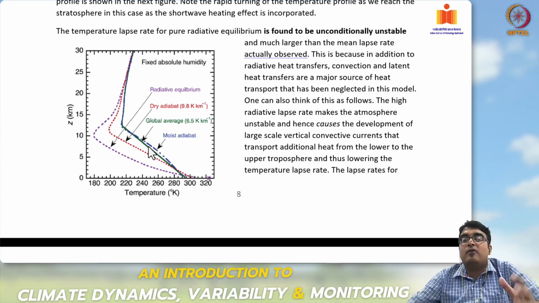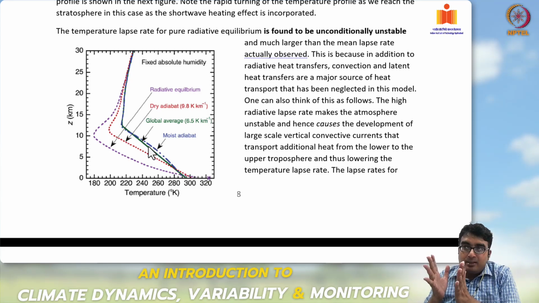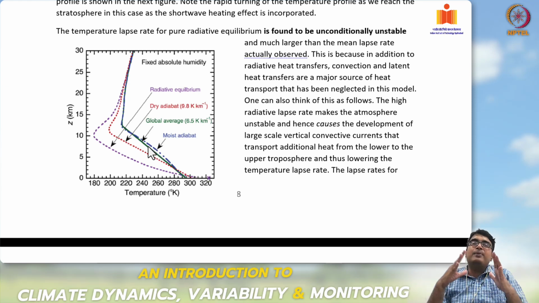Okay. So, convective overturning is a direct consequence of the fact that under radiative equilibrium, the atmospheric lapse rate makes it unconditionally unstable. So, convective overturning and movement of latent heat and heat due to direct transport is a direct outcome of this unconditional instability. Okay.